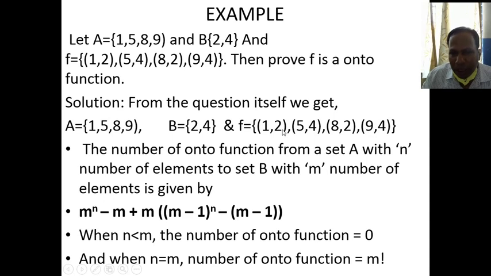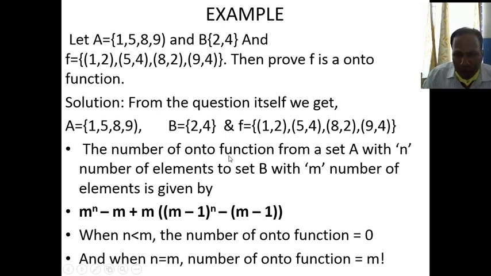That means here the range of this function is the set containing 2 and 4, whereas the codomain is also the set containing 2, 4. That means codomain is equal to range. So the function is onto.